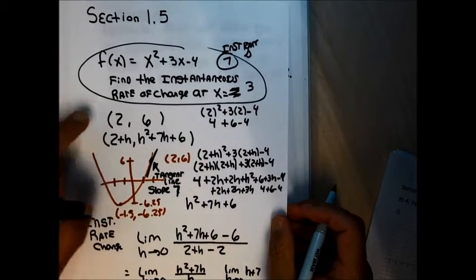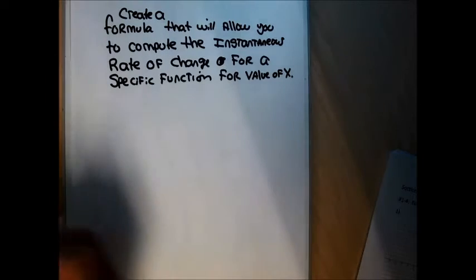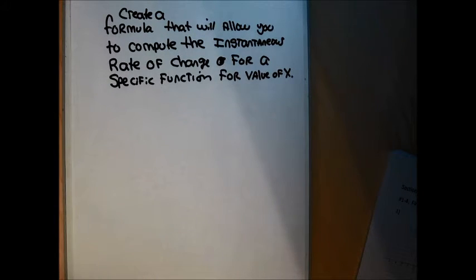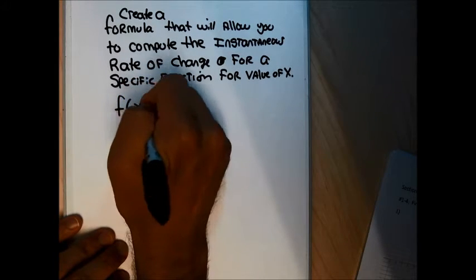So that formula is going to tell me that the instantaneous rate of change for this function at 2 is 7. Let me show you how to do that. It's not hard to do, but it's messy to do.